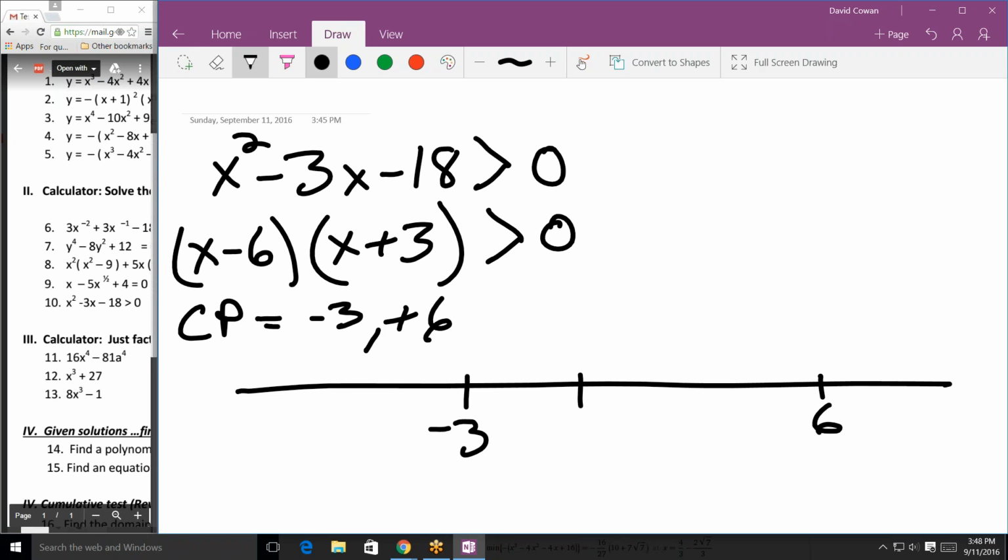Okay? Now, the next trick is to test points to the left of -3. Well, pick a point to the left of -3. -5. Okay? When x is -5, what is x minus 6? -11.